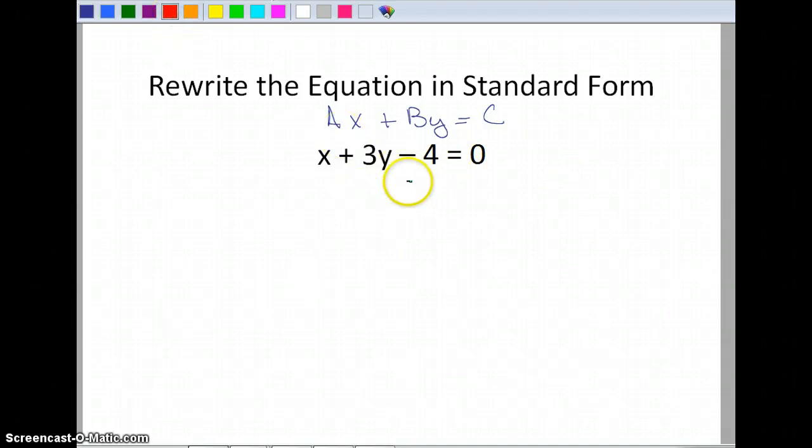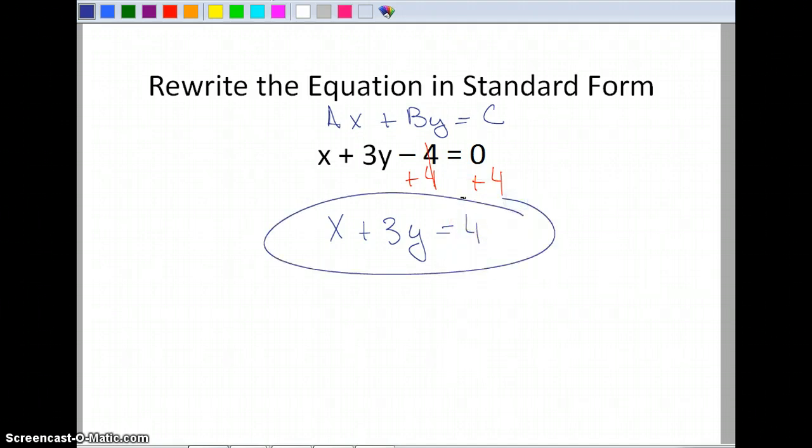So I'm going to add 4 to both sides because I need to move that constant. So when I do that, I have x plus 3y is equal to 4. I double check and make sure that all my coefficients and my constant are integers. They are, so I'm finished.